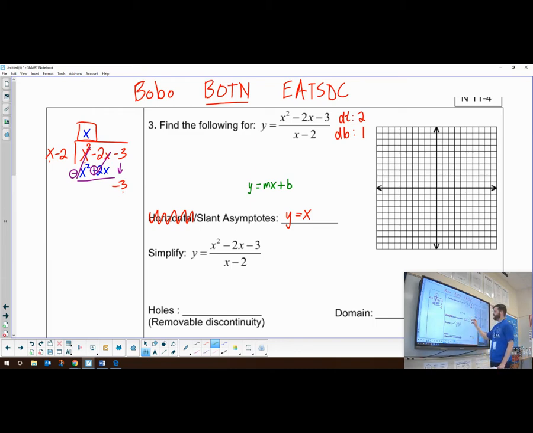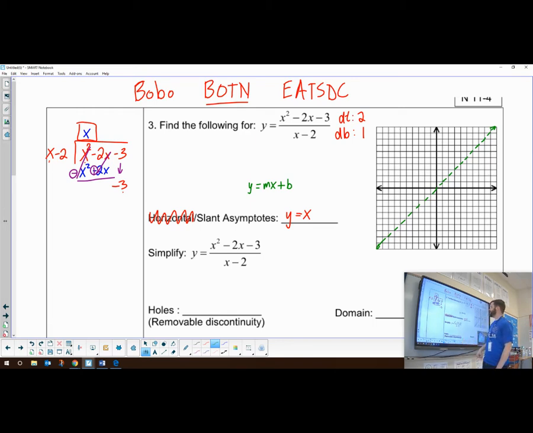It just has 1 from the x, and it doesn't go up and down at all. So all we're going to do is start here in the center. We're going to go up 1 over 1, up 1 over 1 out this direction. We're going to go to the left, down 1, out that direction. So there is my slant asymptote. Remember, you can always use Desmos or your graphing calculator if you forget how to graph these kinds of things.